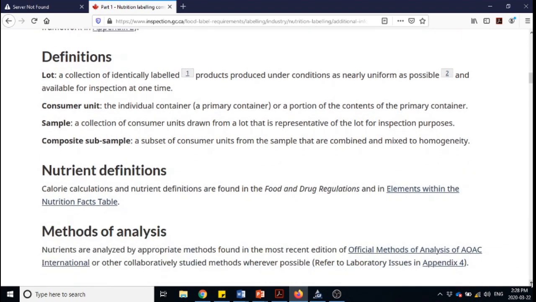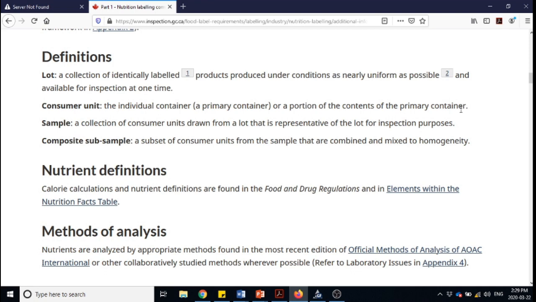These definitions are pretty straightforward. That lot is the grouped, identically labeled production that's as uniform as possible. In many cases, we say a lot is 1 day's production, but you could have facilities with multiple lots of similar product that are produced on the same day. It's 1 unit of production that's identically labeled.